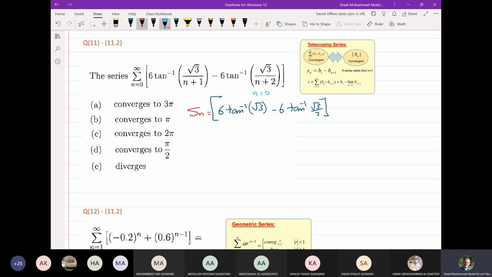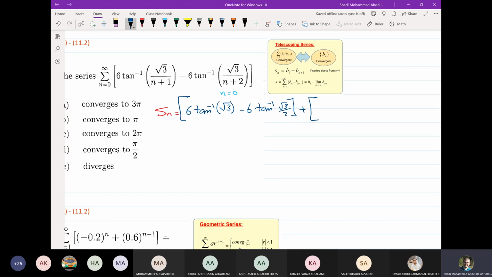What will happen if n equals 1? Substitute in the series. It will be 6 tan inverse of root 3 over 2, minus 6 tan inverse of root 3 over 3.